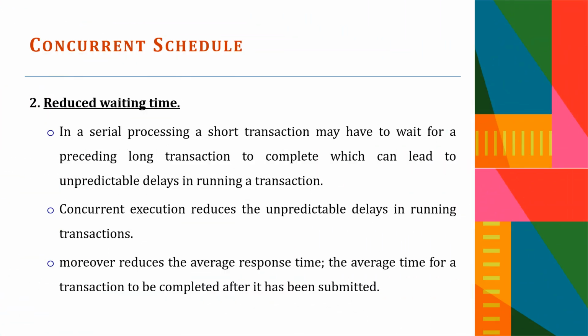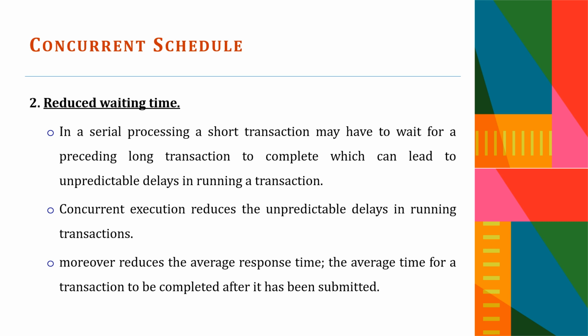The second reason is reduced waiting time. In serial processing, a short transaction may have to wait for a preceding long transaction to complete, which can lead to unpredictable delays in running a transaction. Only after completing the previous transaction can the next transaction start its execution in serial processing.